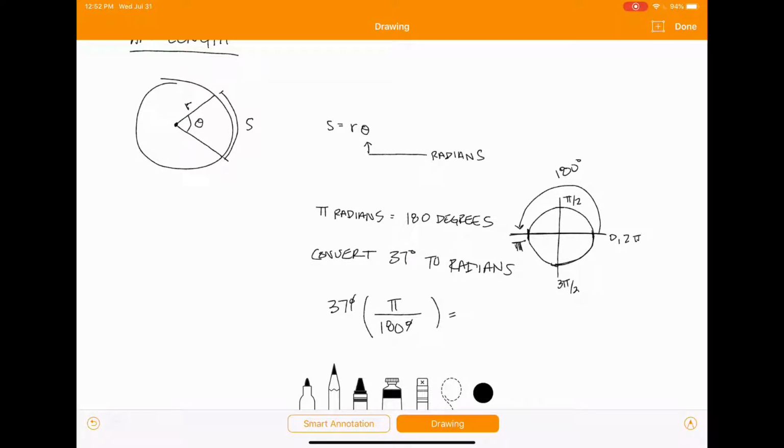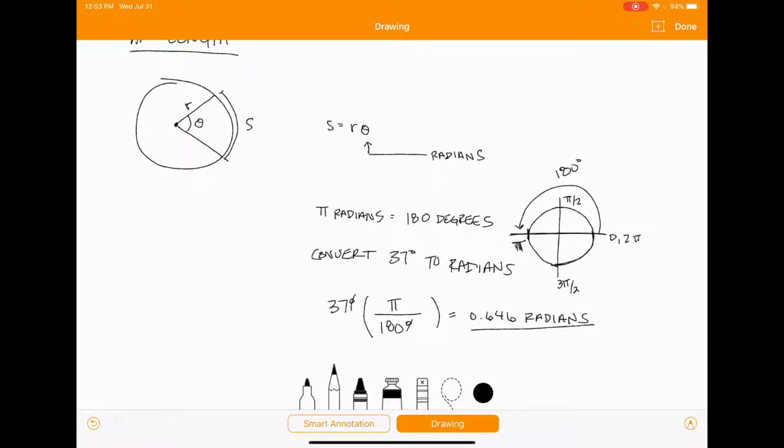And you can just go ahead and plug that into your calculator. So you're going to get 37 times pi divided by 180, and so that's going to be equal to 0.646 radians. And so conversion is that simple.